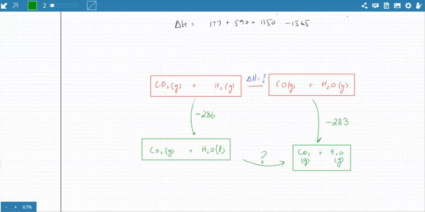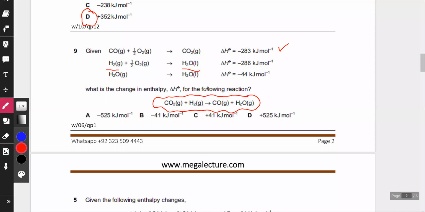It's just moving, right? Is there anything happening to carbon dioxide? Any change happening to carbon dioxide? No, it's the same. And what about H2O? Your H2O stays the same as well. It changes from liquid to gas. That's the last part over here, and the value is minus 44.